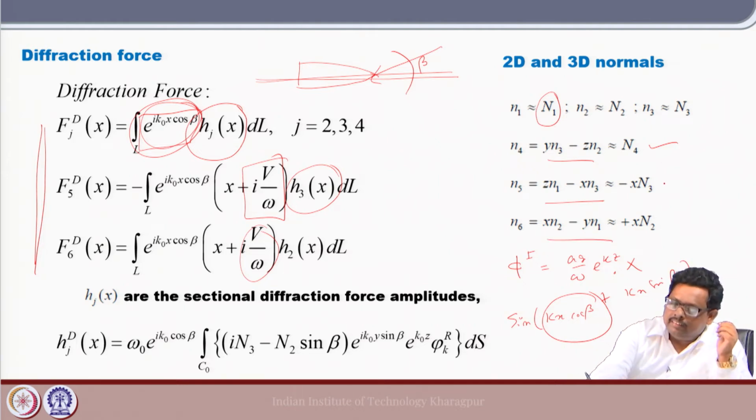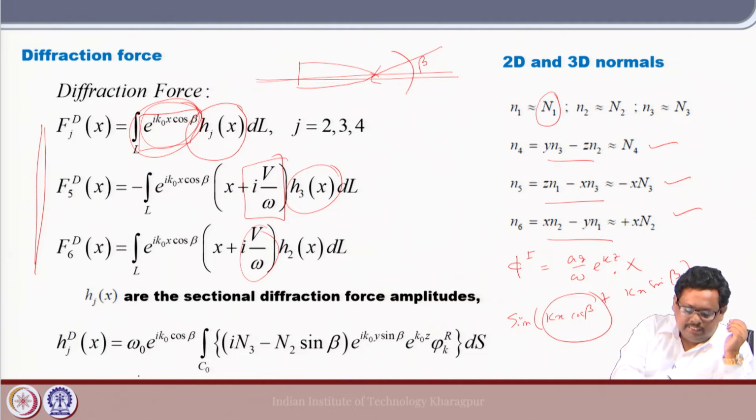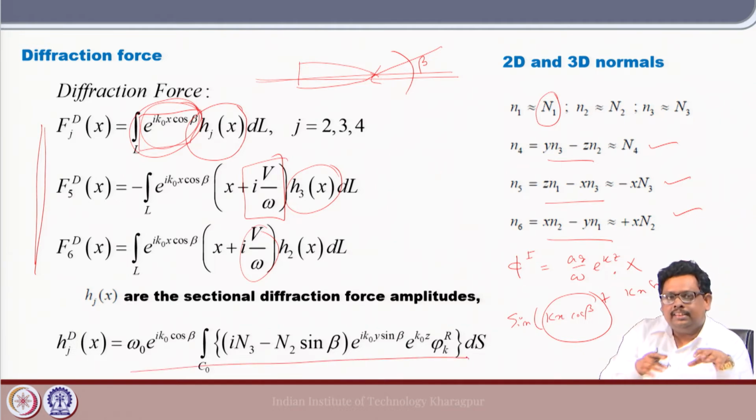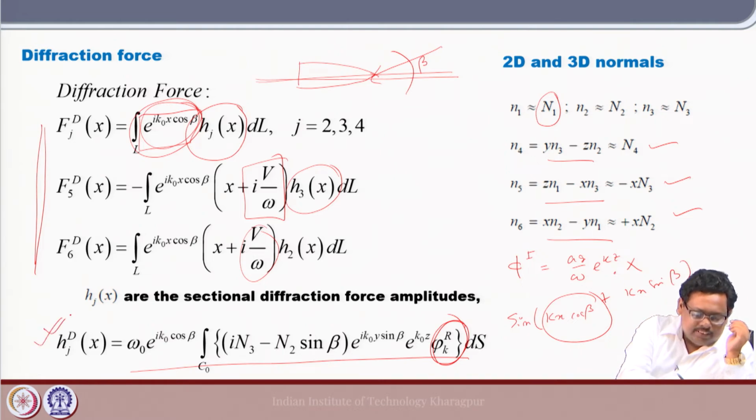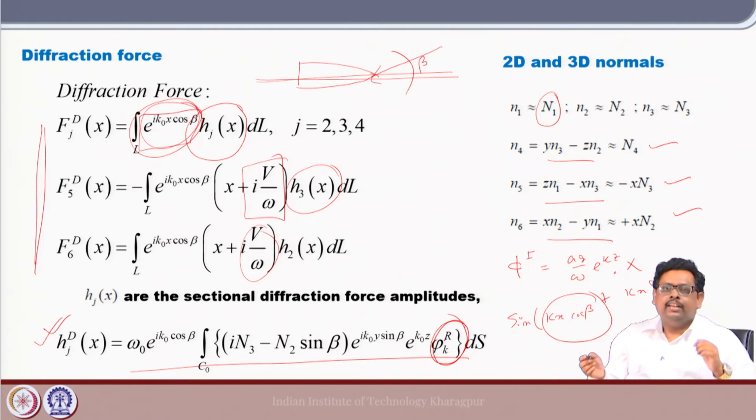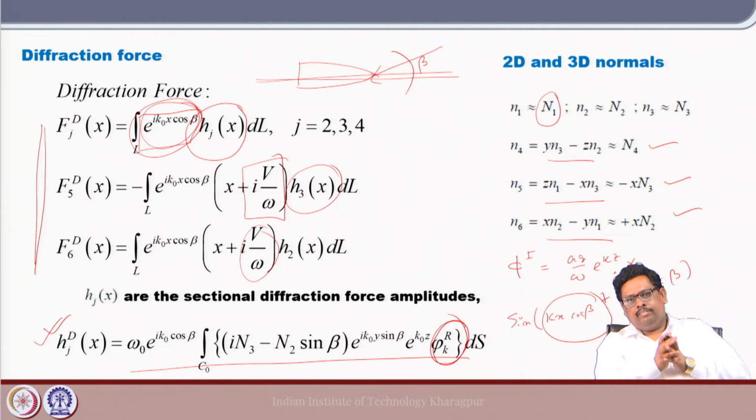Now, how we can change to the 2 dimensional strip is written over here. So, the sectional diffraction force of any mode j can be defined by this expression. How this comes, as I said, we do not discuss, but physically we can see an interesting fact: my sectional diffraction force I represent as a sectional radiation force.